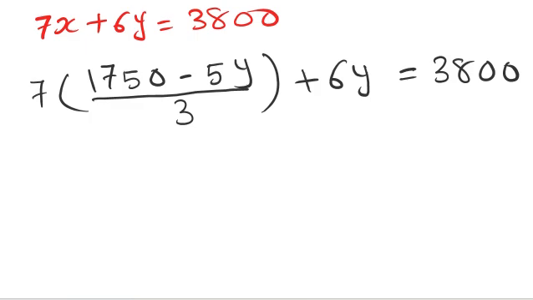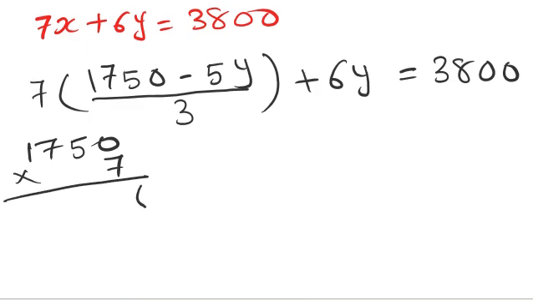1750 into 7. 7 times 0 is 0, 7 fives are 35, then 5, carry 3; 7 sevens are 49, 49, 50, 51, 52. So 2 here and 5 here. 7 ones are 7 plus 5, 12. So our answer is 12250.